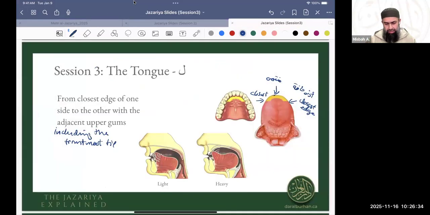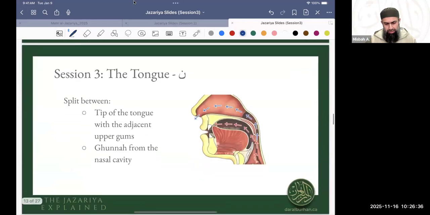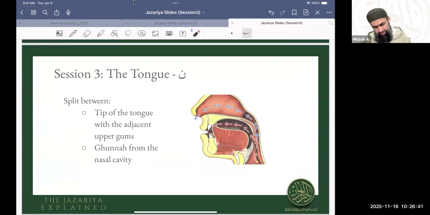Okay, so we go back and we look at noon. And if we just concentrate, don't look at anything else in this slide except for this piece right here. Okay, this is the tip of the tongue, and it is connected to the adjacent upper gums.